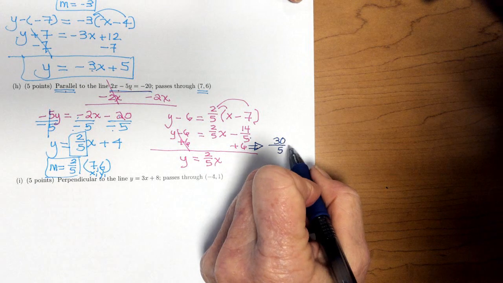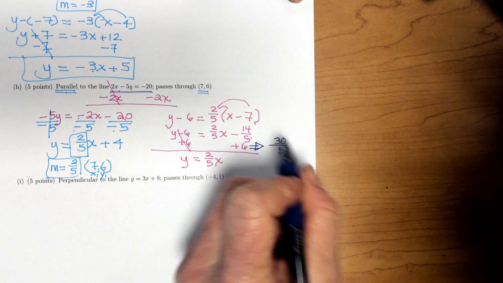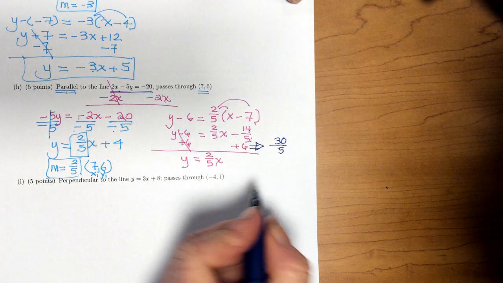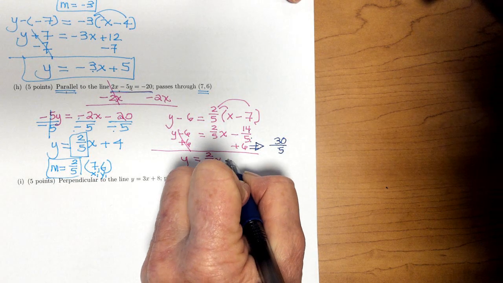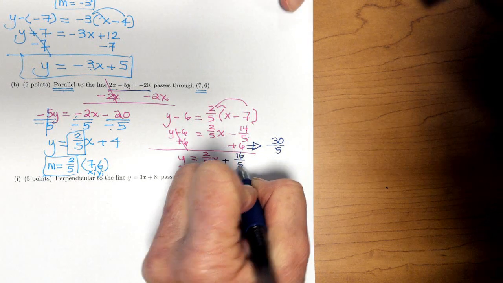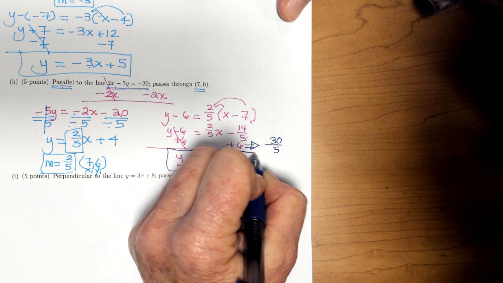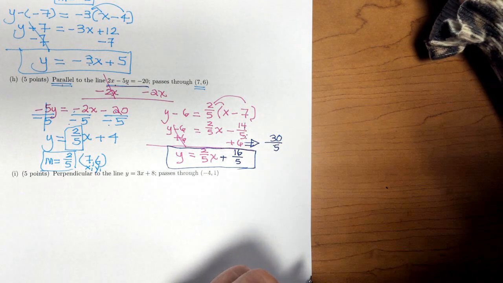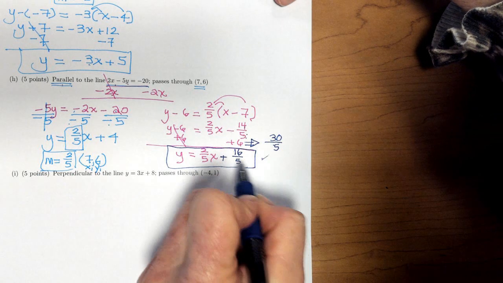So if I divide 30 by 5, I get 6. So I have negative 14 over 5 plus 30 over 5 gives me plus 16 over 5. Therefore, that is my equation of the line. y is equal to 2/5 x plus 16 over 5, and leave it that way.